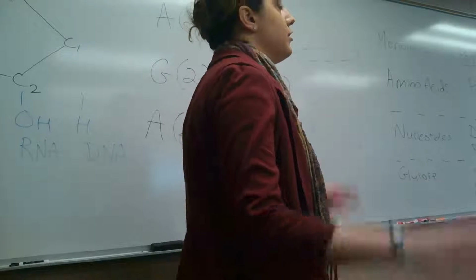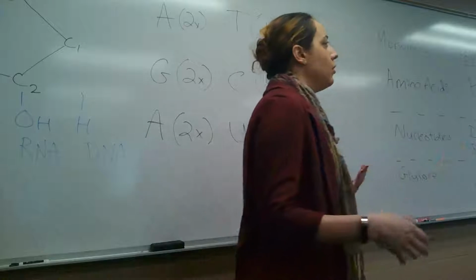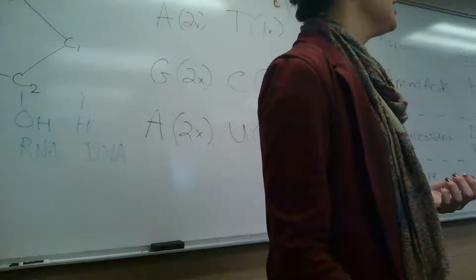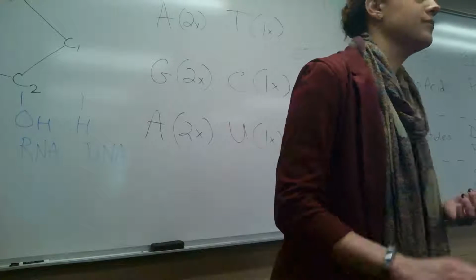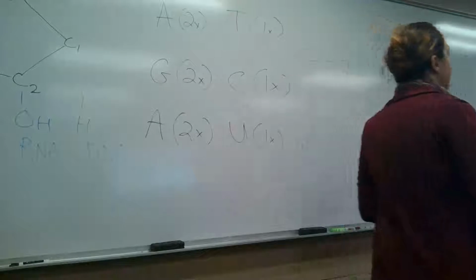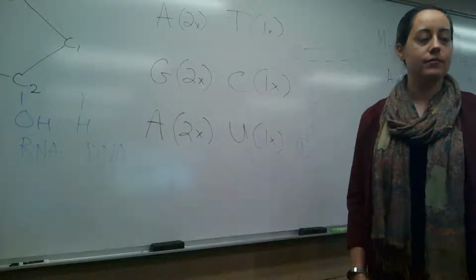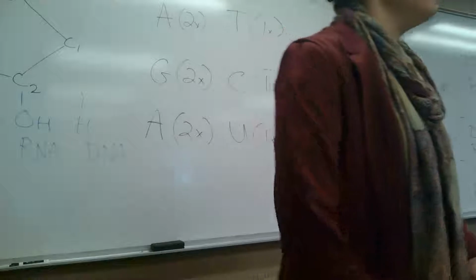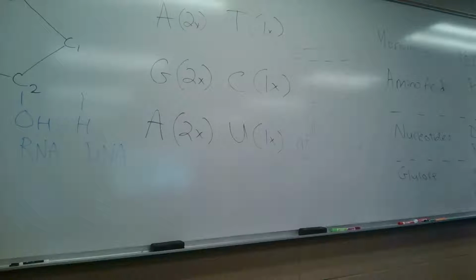So if we're referring to the phosphodiester backbone, it means the part of a DNA molecule that doesn't have these nitrogenous bases. So basically just what's shown in yellow on the right, the phosphodiester backbone. So the phosphodiester backbone is the bonds between the phosphate and the sugars.